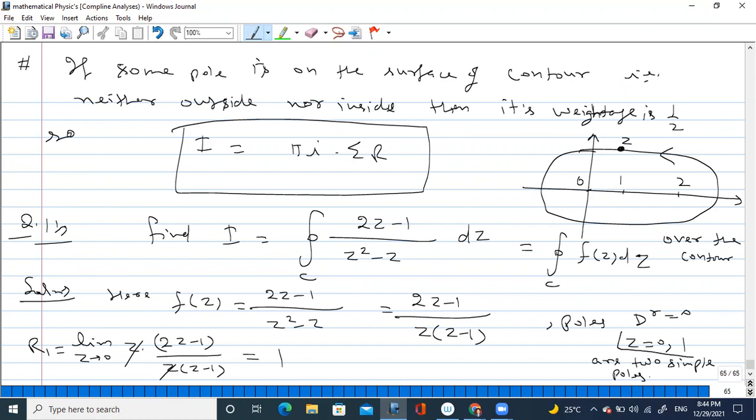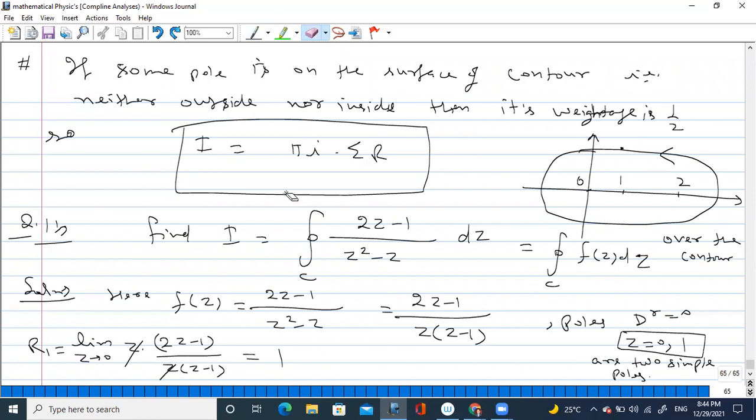Here my poles are z equal to 0 and 1, so both are inside the contour only.